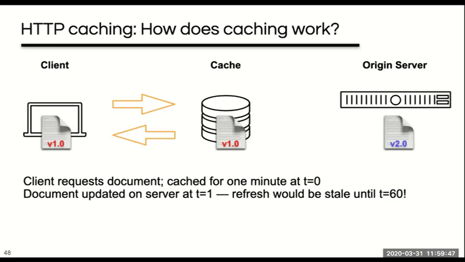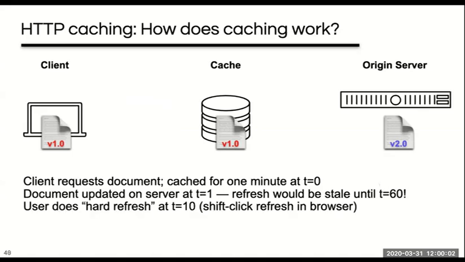Control-Shift-R or hold Shift and click the refresh button. So, yes, Richard in chat got this one. And so, yes, you can get your browser to do what's sometimes called a hard refresh by shift clicking or doing Control-Shift-R in your browser.